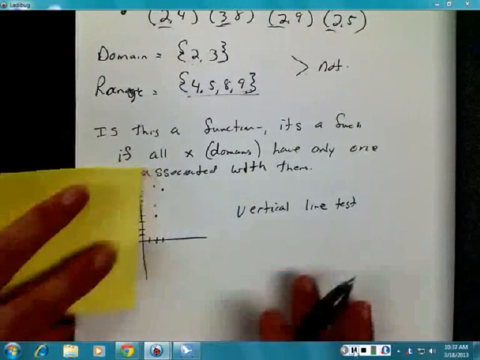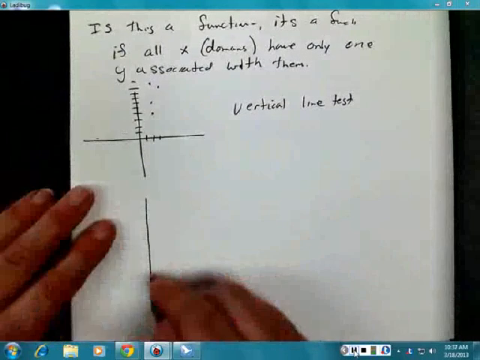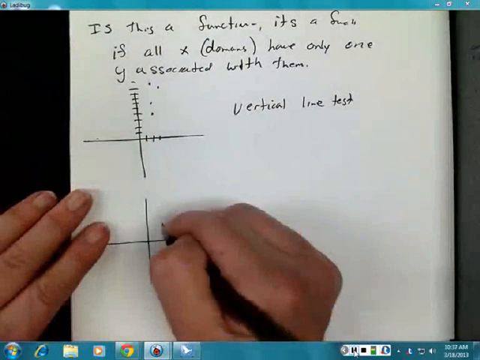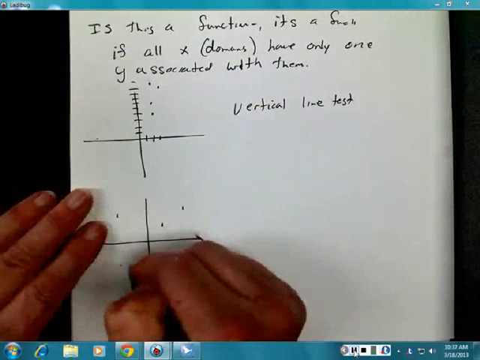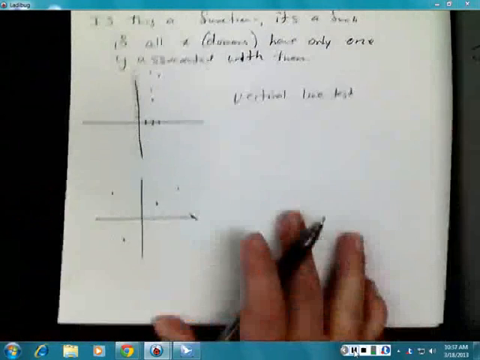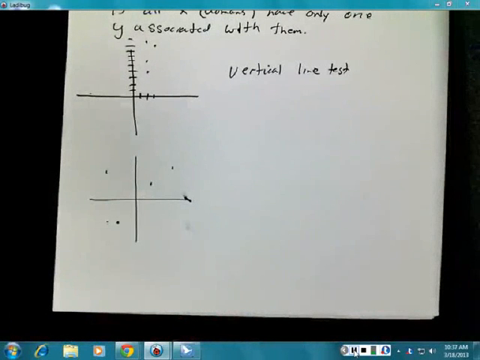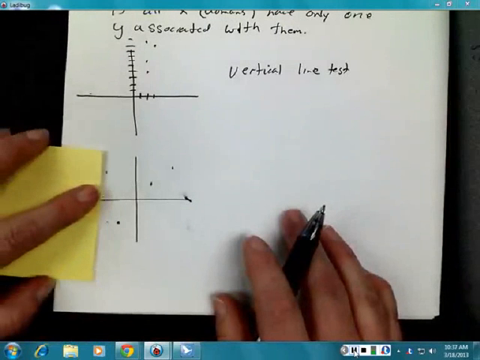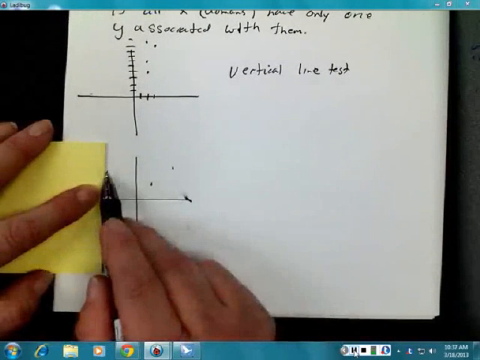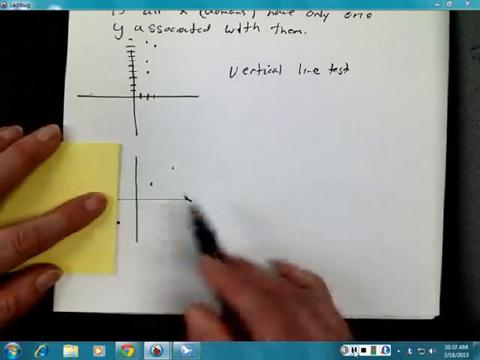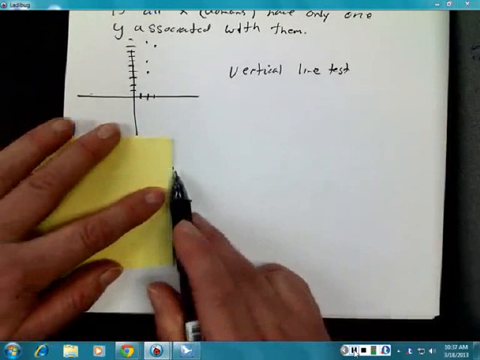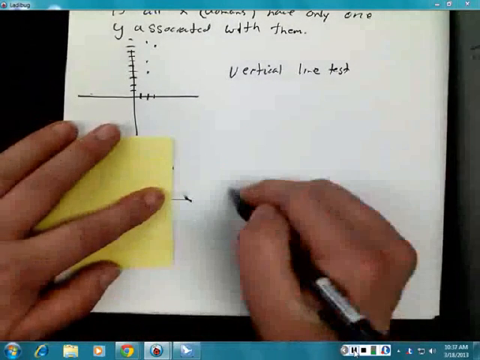Okay? If I had another graph, and I have a dot here, and a dot here, and a dot there, and a dot right there, is that a function? I don't even have to know where they're at, do I? Because as I run my vertical line along here, I touch 1 here, I touch 1 there, I touch 1 here, and I touch 1 there, so this one is a function.